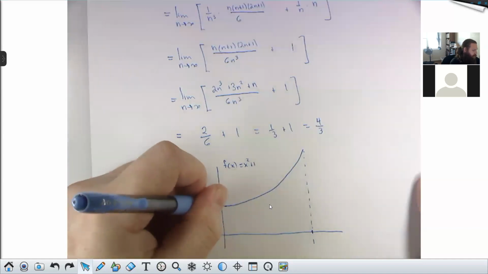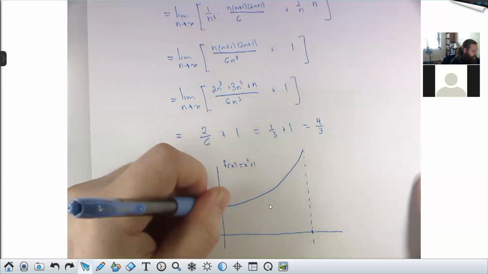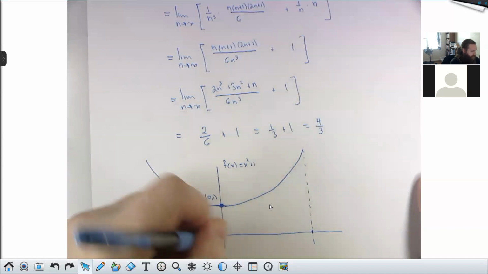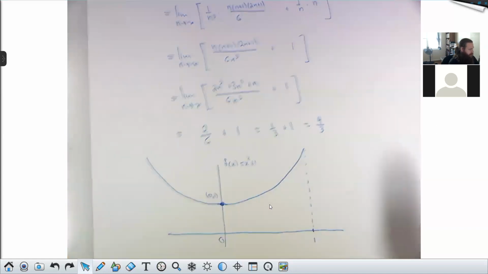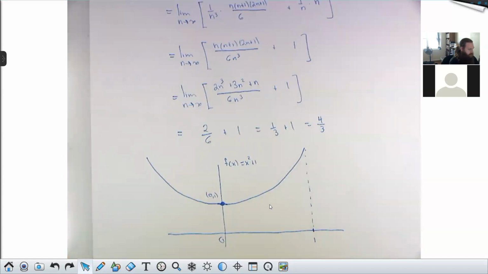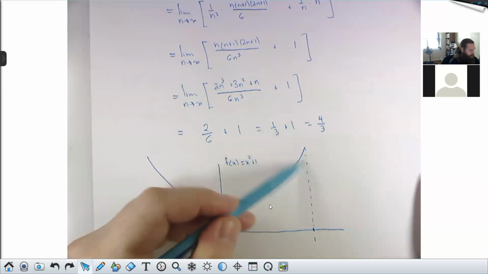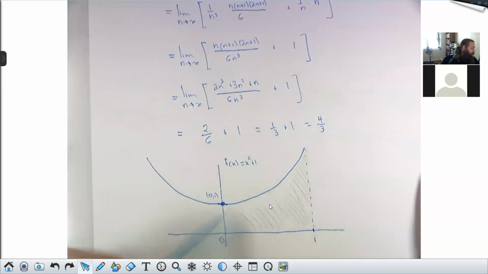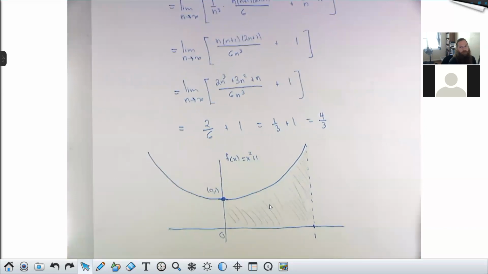All right, you know that this vertex is here at 0, 1. This x-y over here is 0. The area I'm finding in here is this. This area is exactly 4/3. Cool stuff, right?